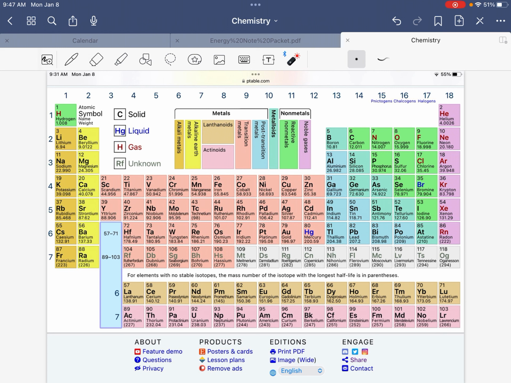Oxygen, which is found here, is going to have a mass of 15.999 grams per mole. And then hydrogen, which is here, is going to have a molar mass of 1.008 grams per mole, which just means for every 1 mole, it has a mass of 1.008 grams.